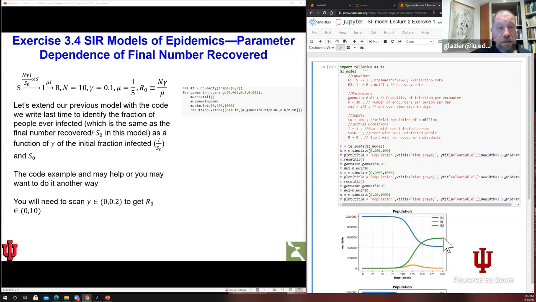That's R divided by the initial total population. And you stack that as a function of R naught and then plot it versus R naught. Is that clear? Does anybody have a question about that? I know if the previous part was not clear, we can at least be clear here. So why don't we try doing that together?